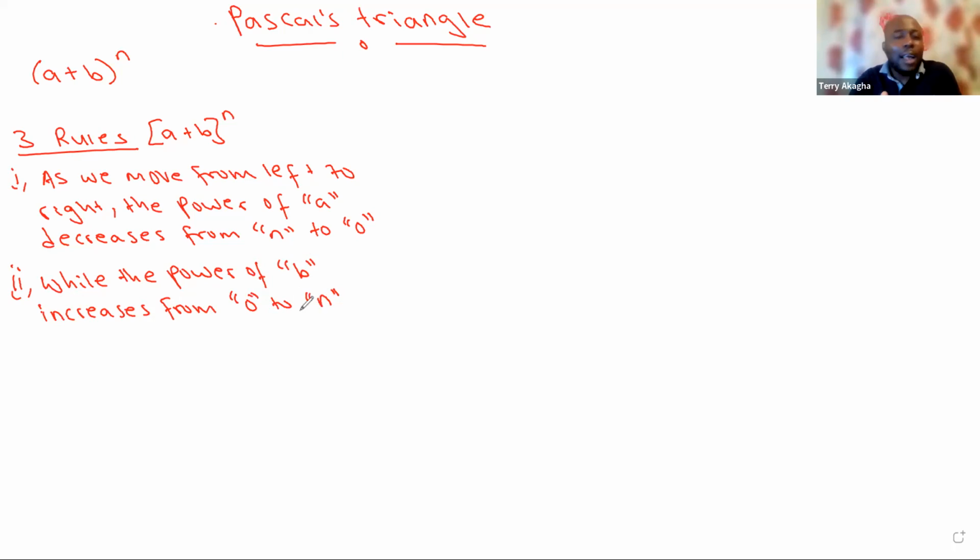And the last one: you write the Pascal coefficients in front of the terms in order.